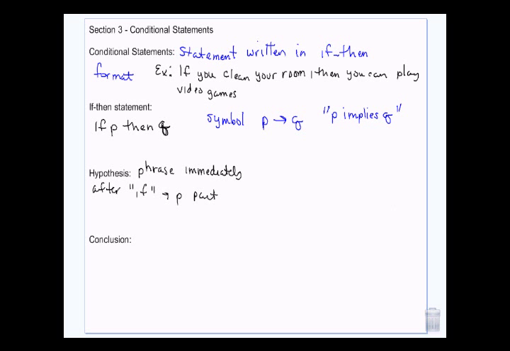In my example sentence, the hypothesis is you clean your room. Okay, that's the hypothesis. The hypothesis is that the room is cleaned. The conclusion is right after the then part.